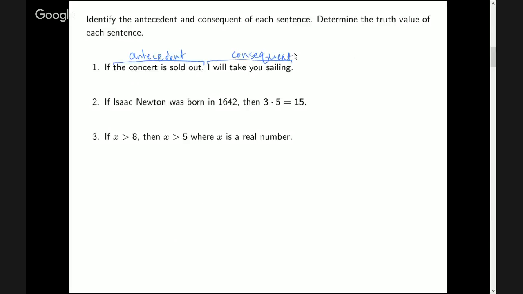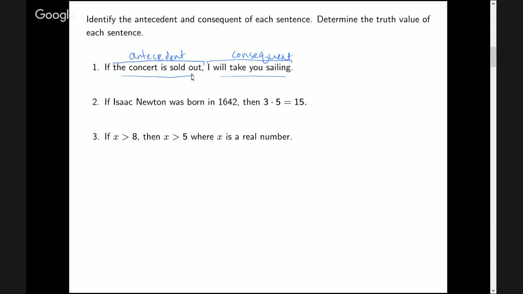Is this a true or false statement? Or can you figure out whether it's true or false? Yeah, it is a proposition, but we can't figure out the truth or falsehood of it because we don't know whether I will take you sailing is going to be a true statement or not, or the concert is sold out.